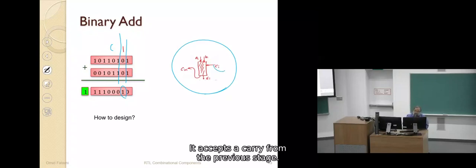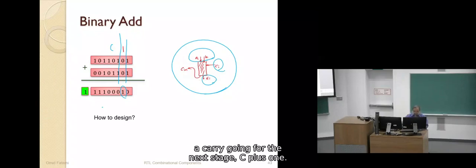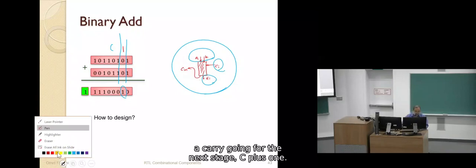It accepts a carry from the previous stage. Then it has 2 digits for this bit position, and there would be a result of sum and a carry going for the next stage, CI plus 1.